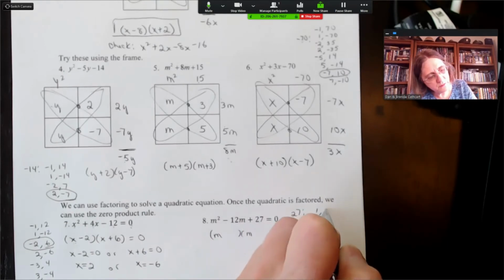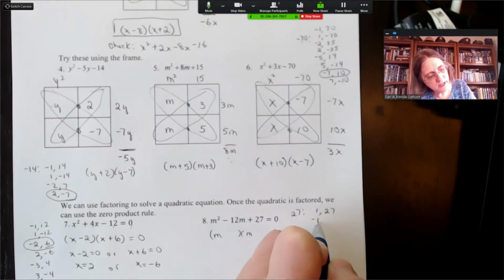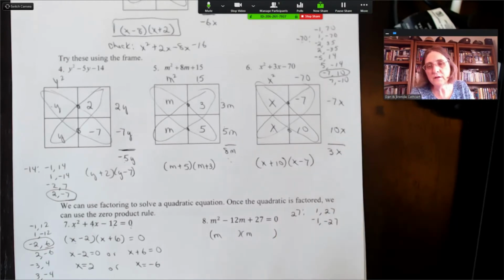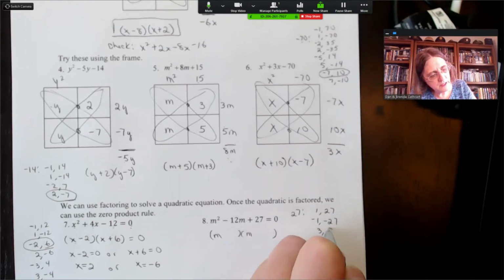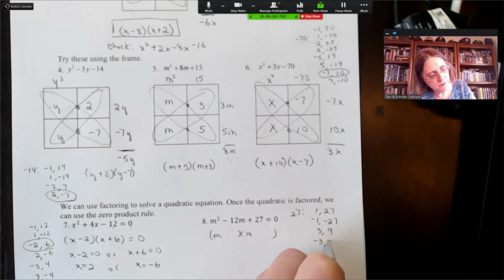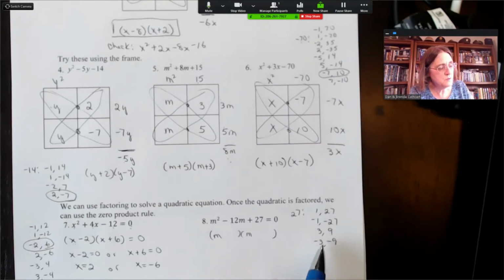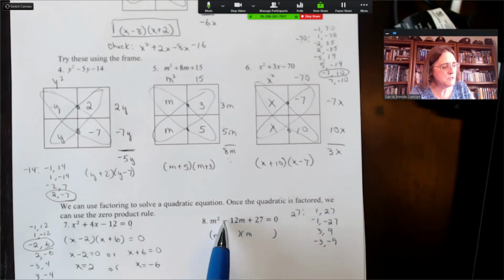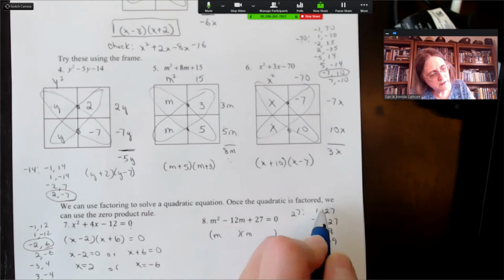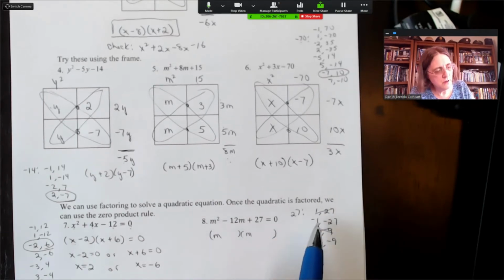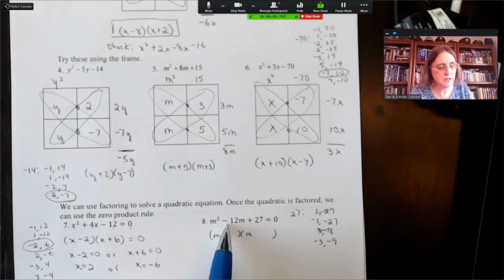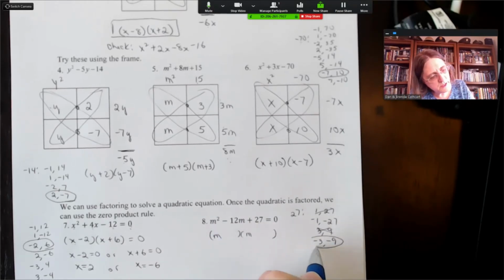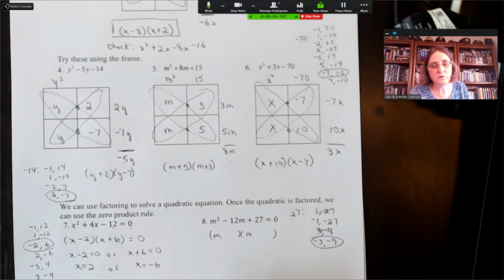We can have 1 and 27. We can have negative 1 and negative 27. We could have 3 and 9 and negative 3 and negative 9. Which pair of factors adds up to give me negative 12? Notice that I'm going to have to choose negative factors. So forget the positive pairs, only negative ones to add up to negative 12. This pair adds up to negative 12.